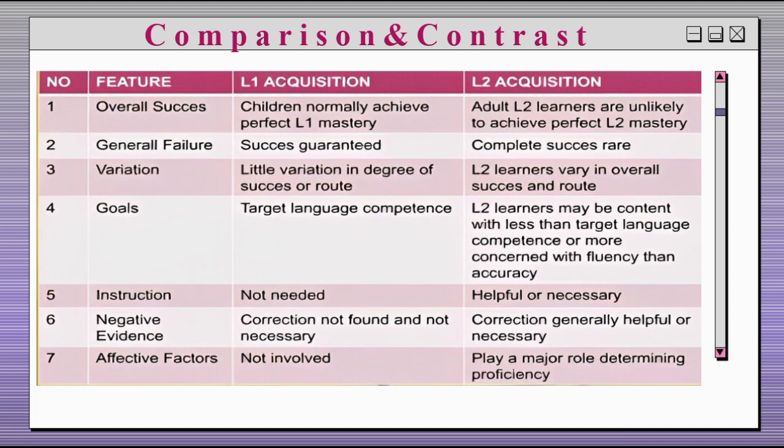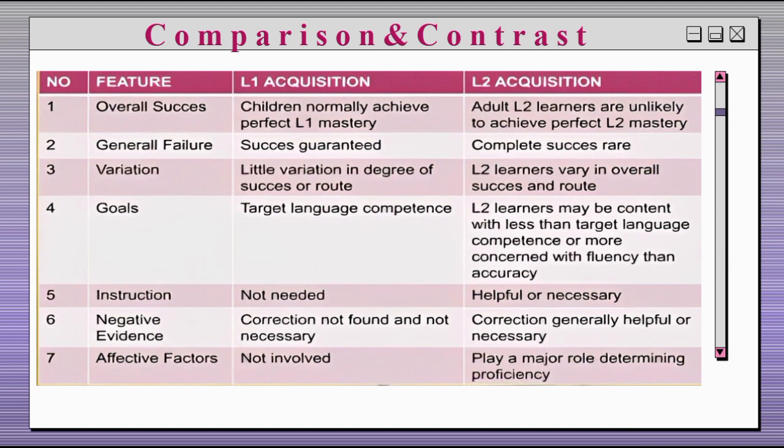Second, general failure: for the first language, success is guaranteed, while for the second language, complete success is rare. Third, variation: in the first language, there is little variation in degree of success or route, while second language learners vary in overall success and route.